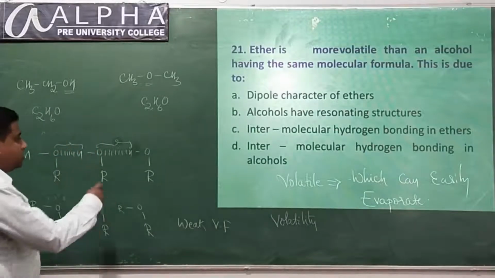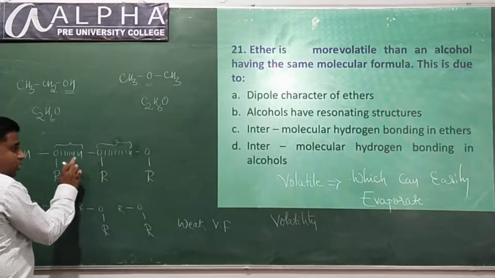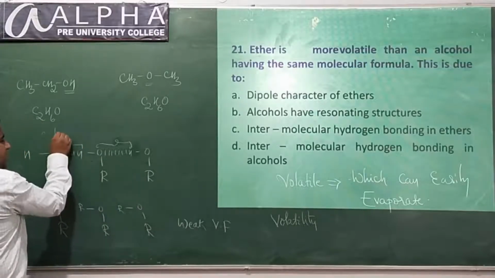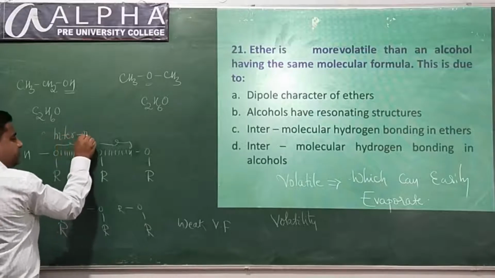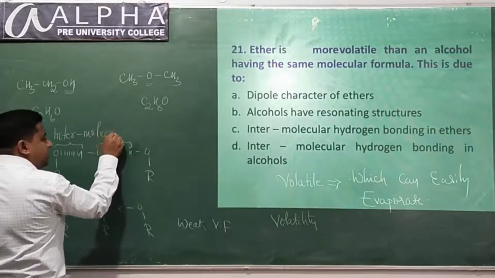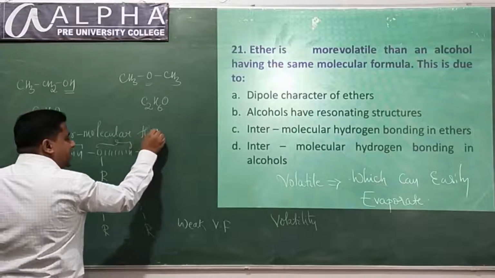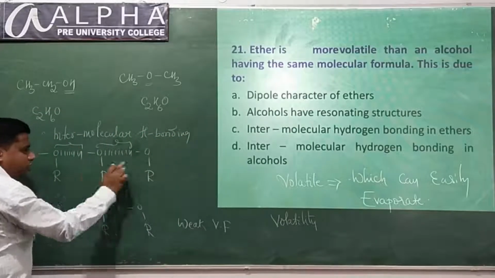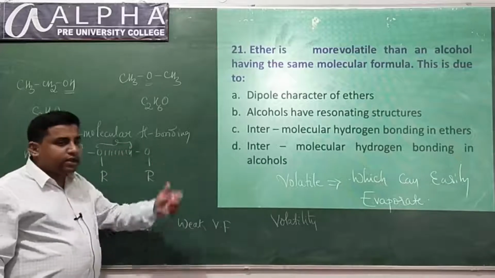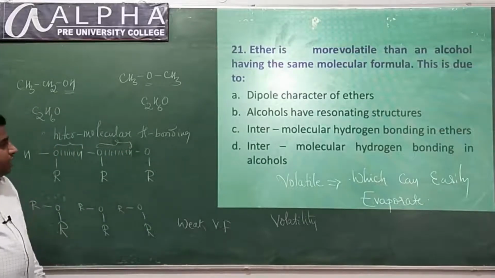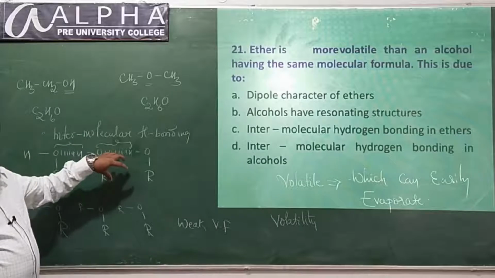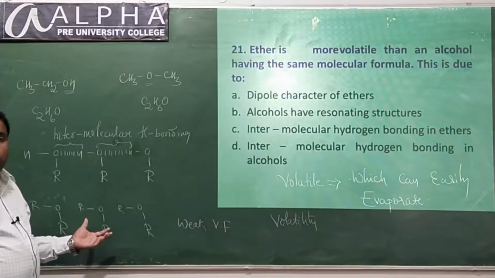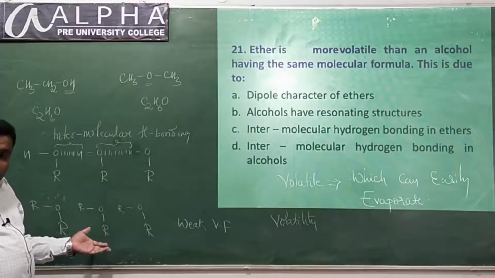What type of hydrogen bonding is it? The hydrogen bonding between the molecules is called intermolecular hydrogen bonding. So there is intermolecular hydrogen bonding in alcohols, therefore they are less volatile, but there is no intermolecular hydrogen bonding in ethers, that is why they are more volatile.